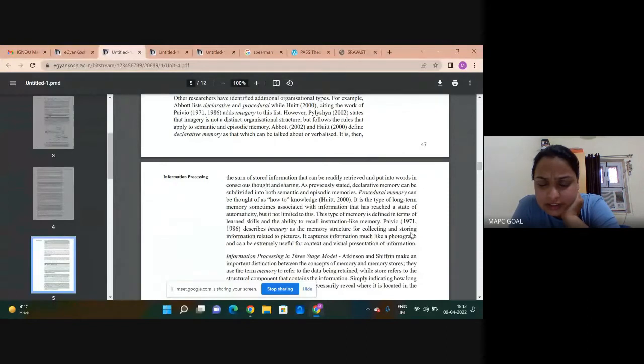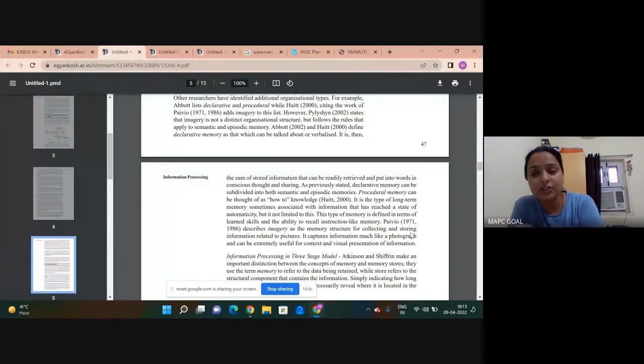Procedural memory can be thought of as how-to knowledge, again given by Hood 2000. It is the type of long-term memory sometimes associated with information that has reached a state of automaticity. Let me take the example of driving a vehicle. If you are a new learner and I ask you how you drive, you would mention that this is how you drive it.